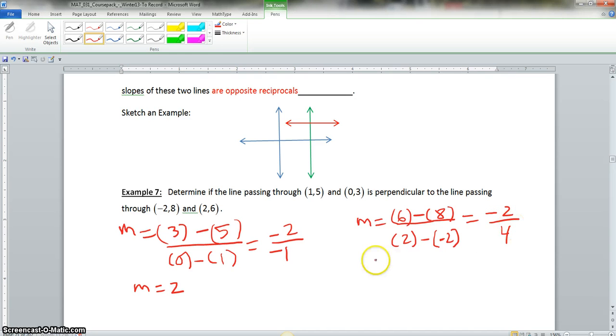We could divide both by 2. And our slope is a negative 1/2. Now, first of all, remember, perpendicular slopes are opposite reciprocals. This is positive and this is negative. So it satisfied the opposite portion. Now we have to look at the reciprocals. The reciprocal of 2 is 1/2. So your answer here is perpendicular.